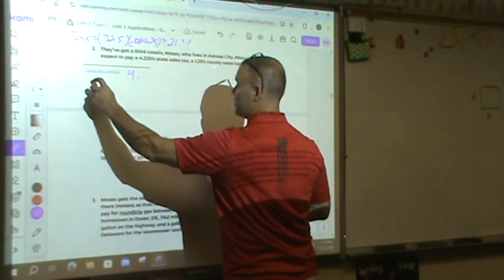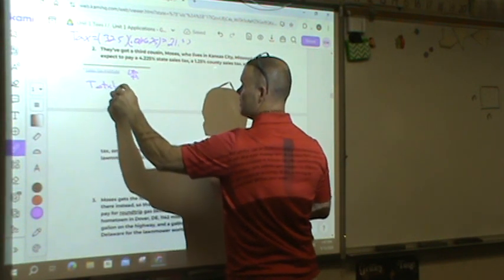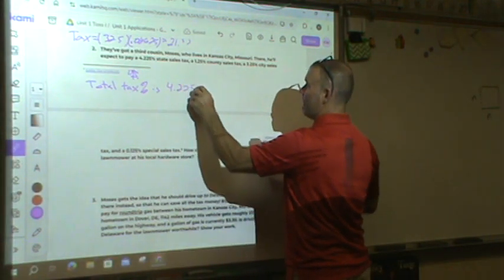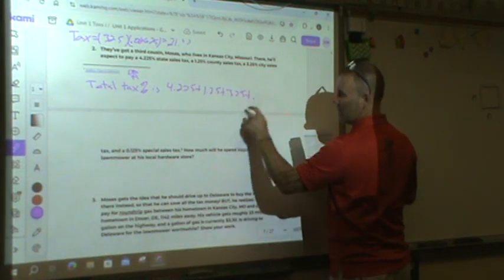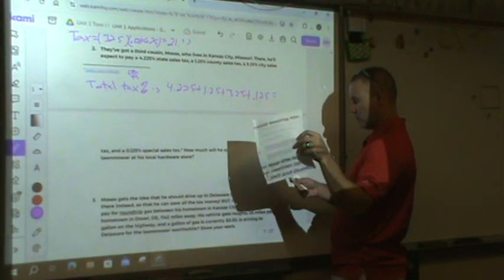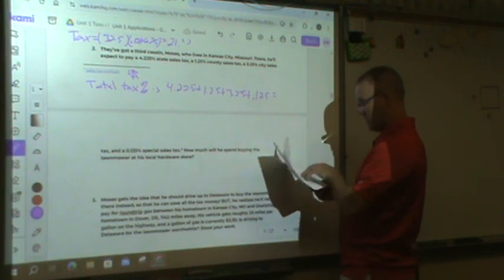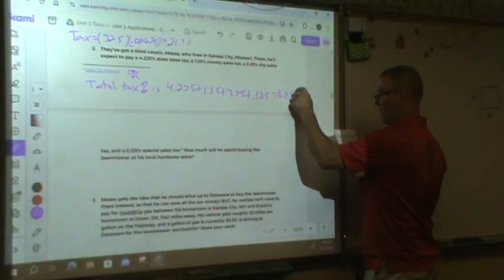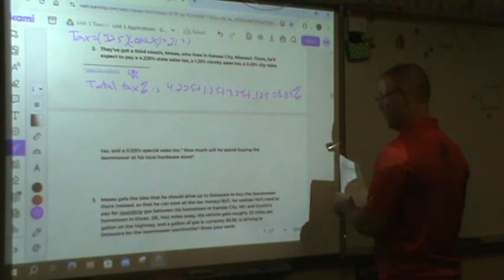I can say the total tax percent is 4.225 plus 1.25 plus 3.25 plus the 0.125 to get a total of 8.85%, if that's correct, total in taxes.